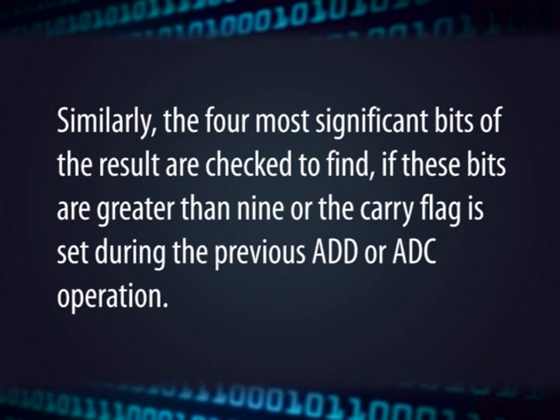Similarly, the 4 most significant bits of the result are checked to find if they are greater than 9 or the carry flag is set during the previous add or ADC operation. 6 is then added to the most significant bits.